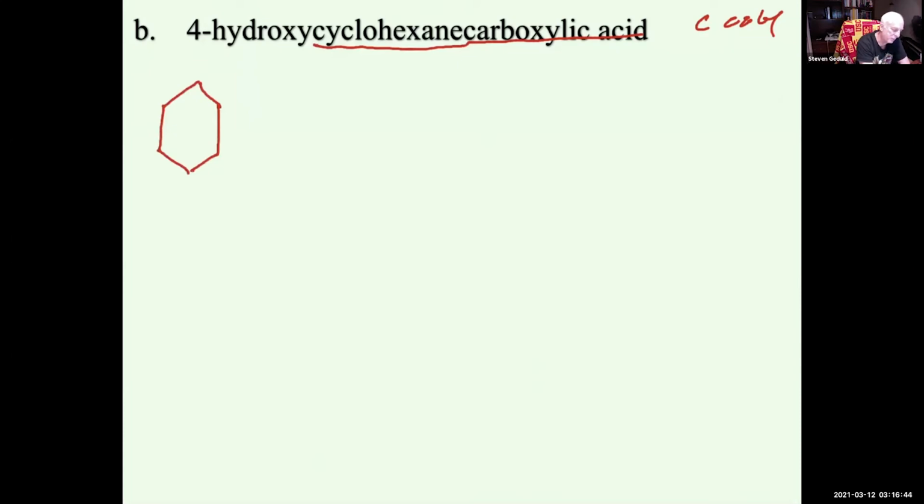We can put it at any position, the number 1 position. Okay, so there's cyclohexane carboxylic acid. At the number 4 position, there's going to be a hydroxy group. Hydroxy is OH, the alcohol functional group. So that's 1, 2, 3, and the number 4 position is right there. So 4-hydroxy cyclohexane with a carboxylic acid.